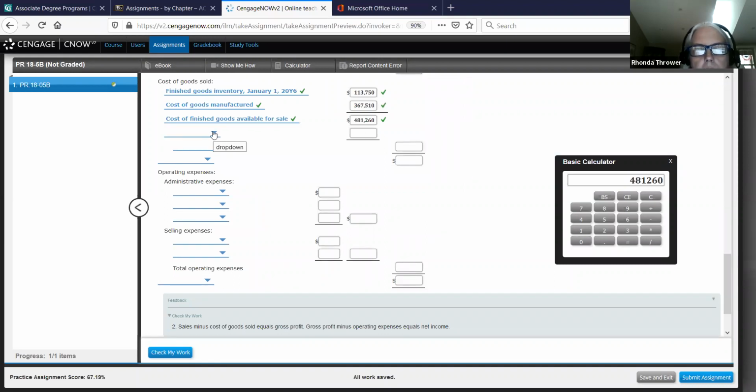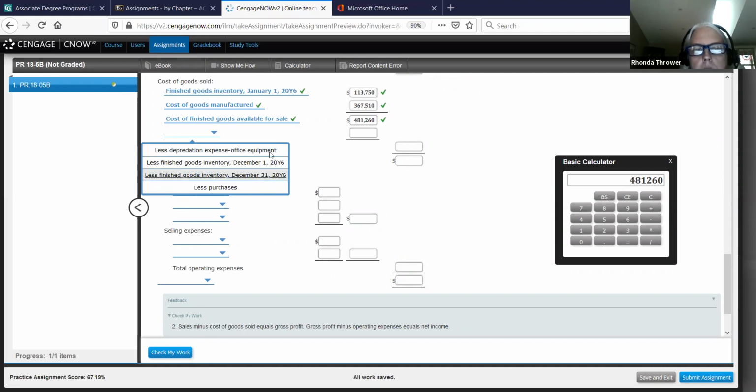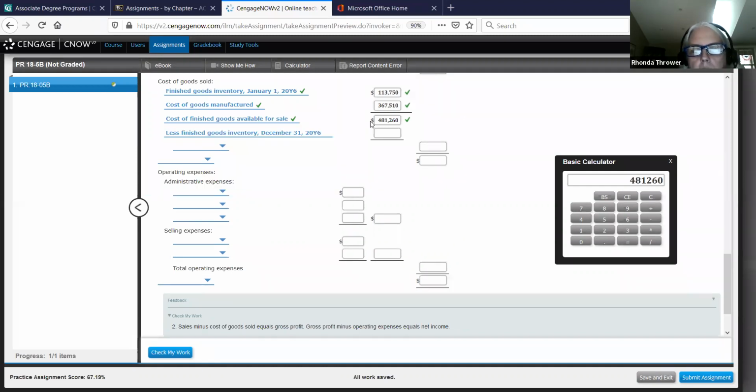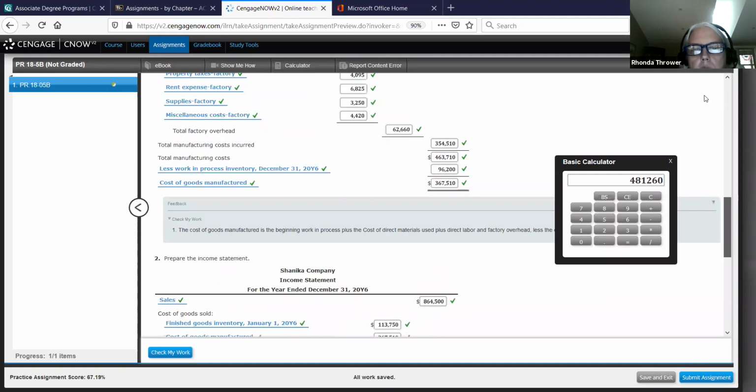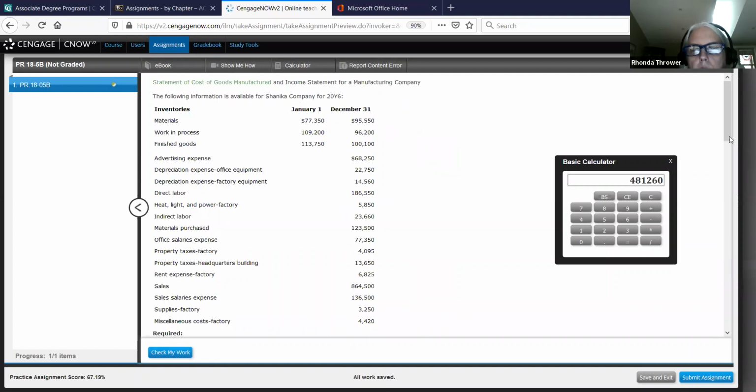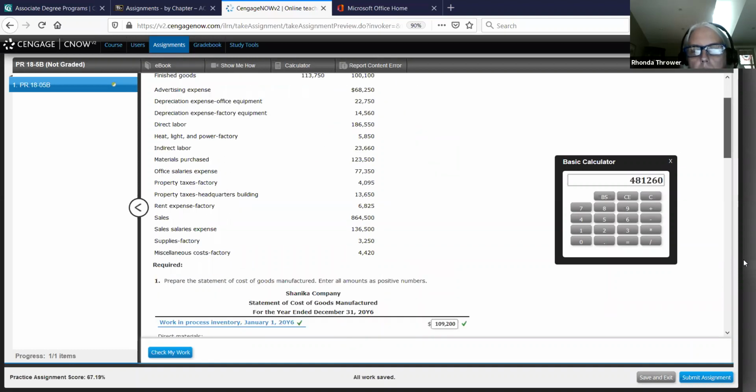The next step in determining cost of goods sold is to subtract the ending finished goods inventory from this amount that's available for sale. The ending finished goods inventory was given at $100,100.